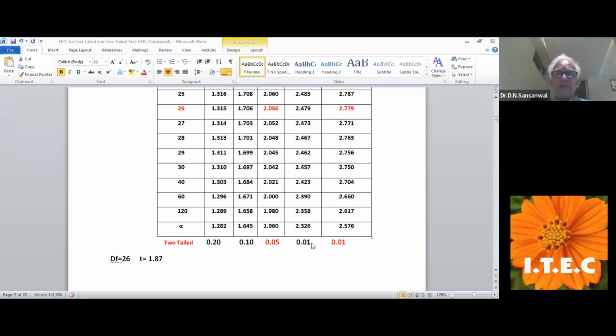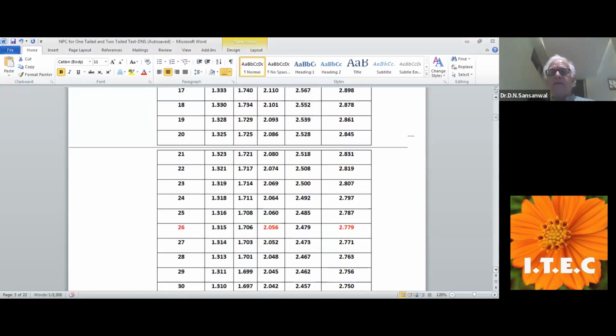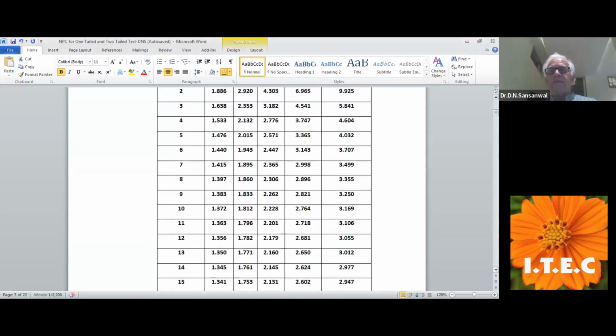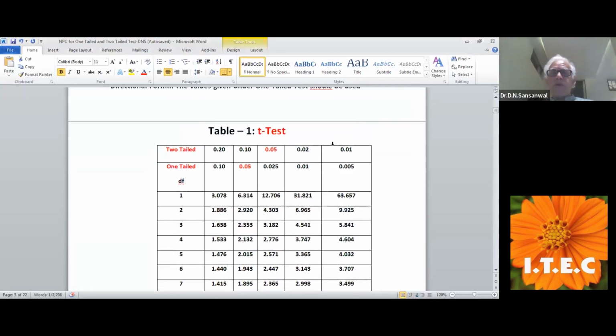Because you have to multiply this by 100, in the two-tail test this becomes 2% and this becomes 1%.